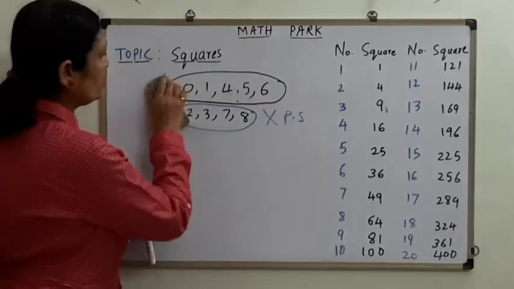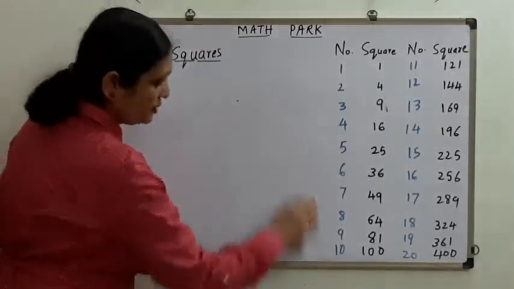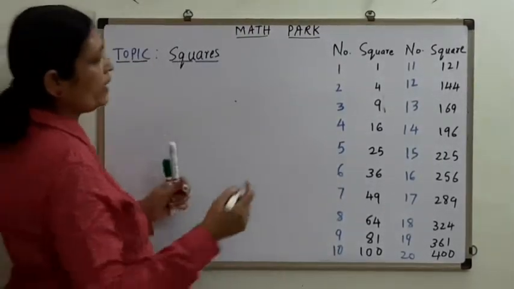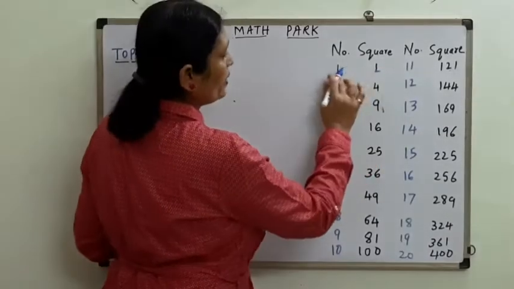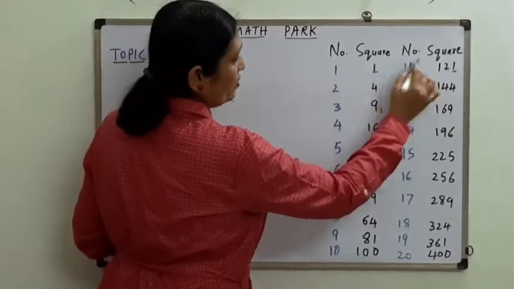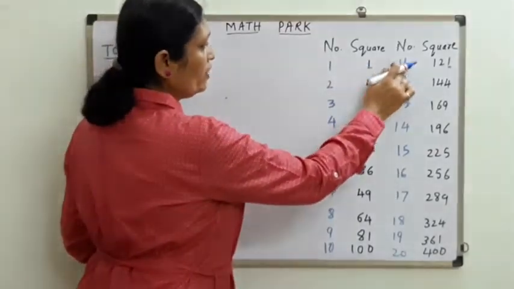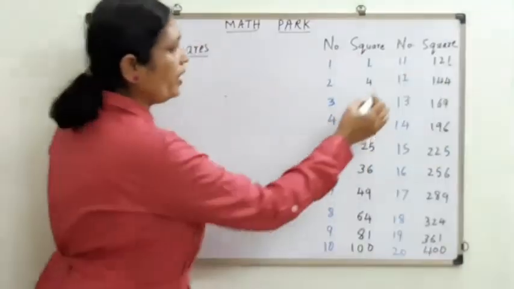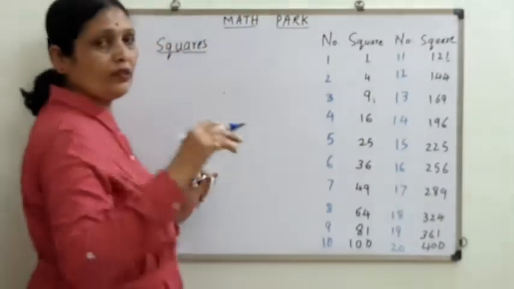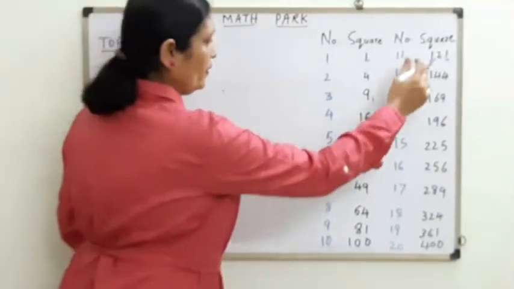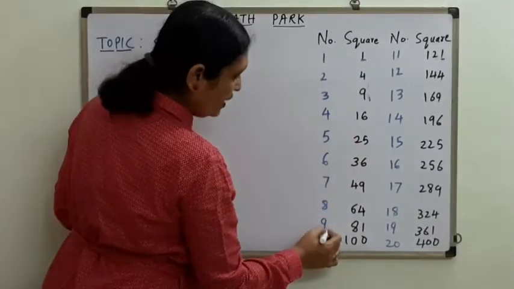Further, let us understand, children. Look at these numbers, okay? When we look at the square of 1, it is ending with 1. Square of 1 is 1. Square of 11 is 121. So if the unit digit of a number is 1, the unit digit of its square is 1. The same thing happens with 9, okay?